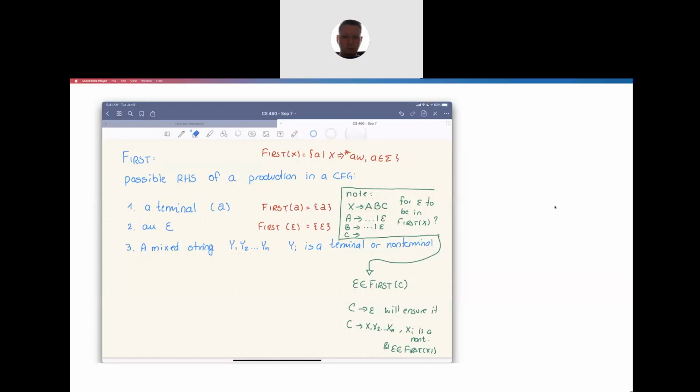So let's just try the following. Let's say here now, I should do that in red.